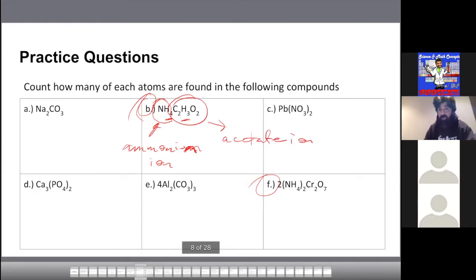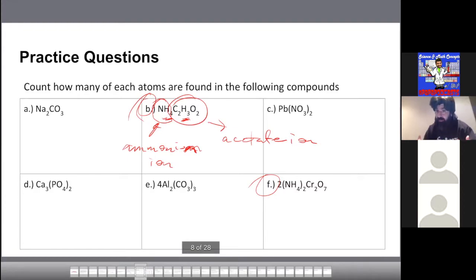Okay, so really, this is an ionic compound. That's the reason why the acetate polyatomic ion and the ammonium polyatomic ion both contain their own hydrogens, and so they're separated.